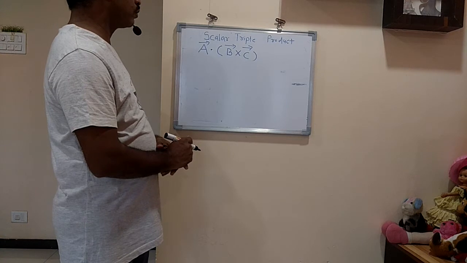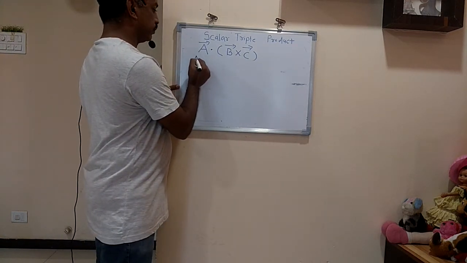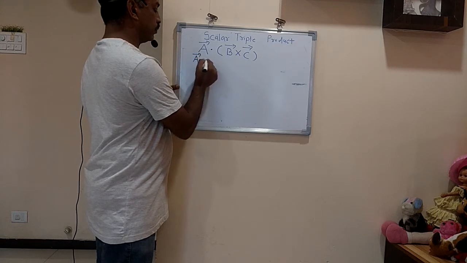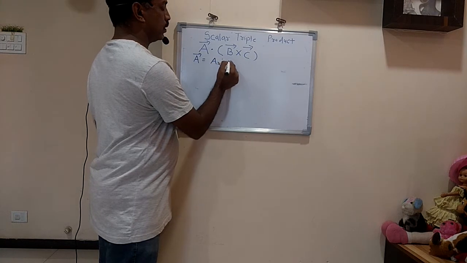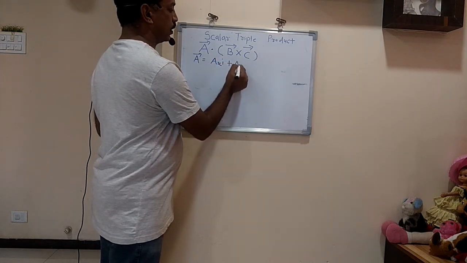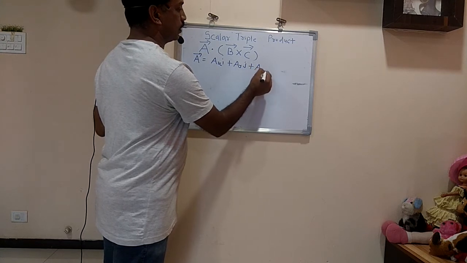Now all of you know that we can write vector A like this: A equals ax i plus ay j plus az k.